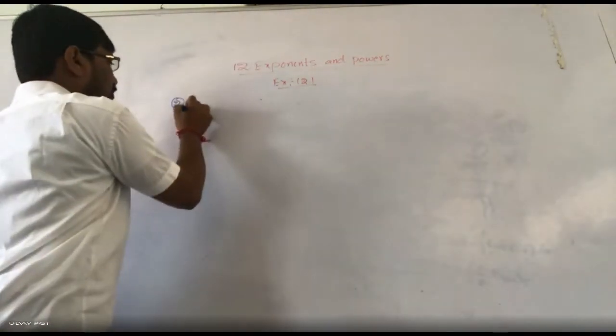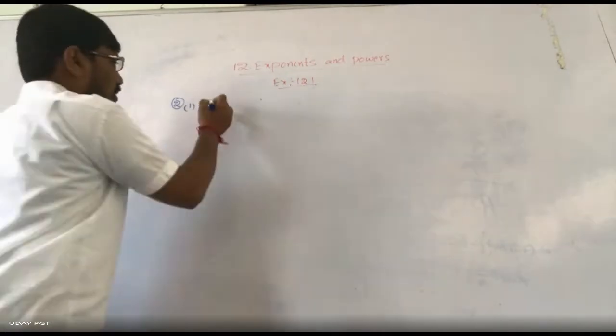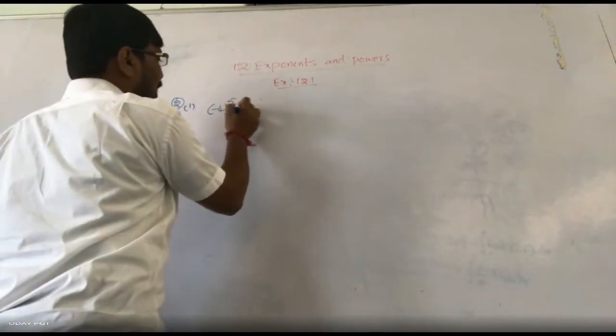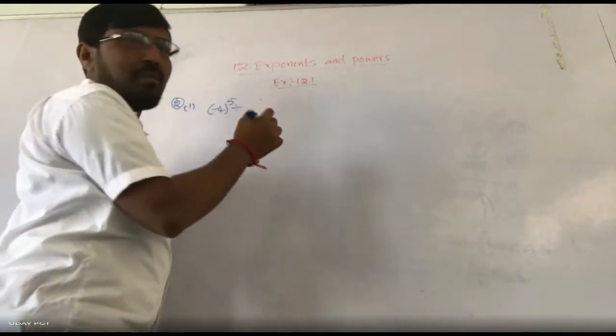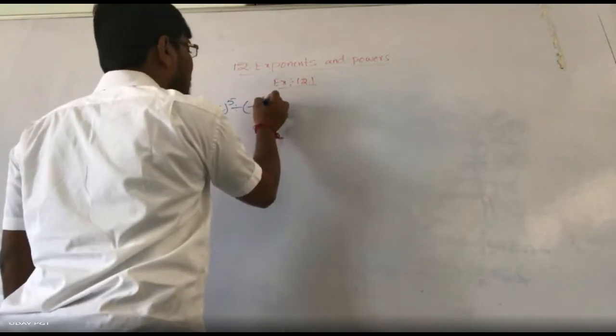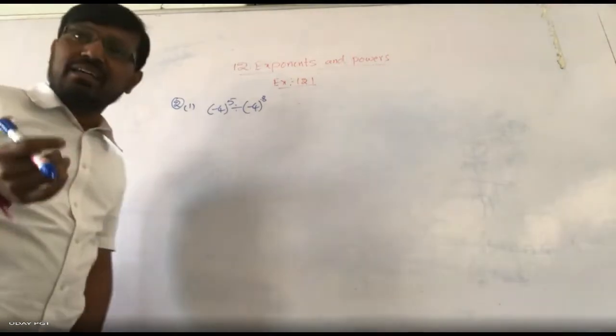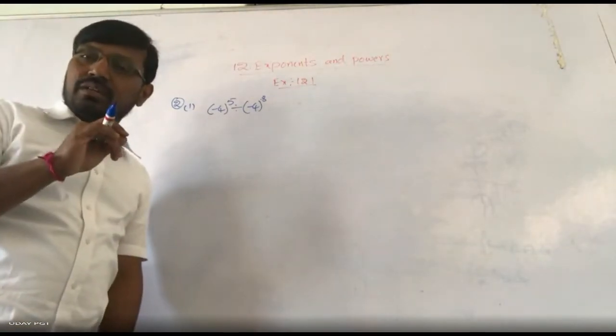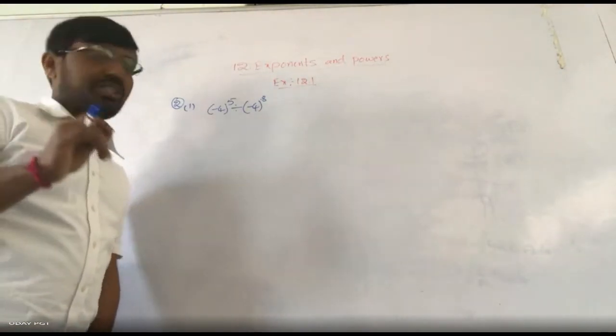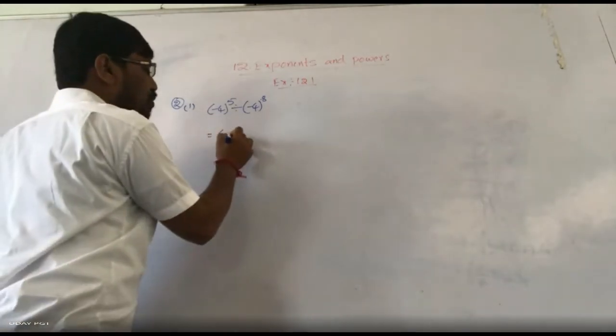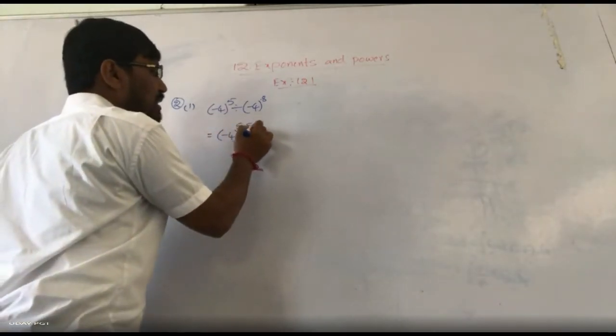Second bit, the first question is given to you: minus 4 to the power of 5 divided by minus 4 to the power of 8. Both the bases are same here. So when you are dividing, you need to subtract the powers. So the question becomes minus 4 to the power of 5 minus 8.